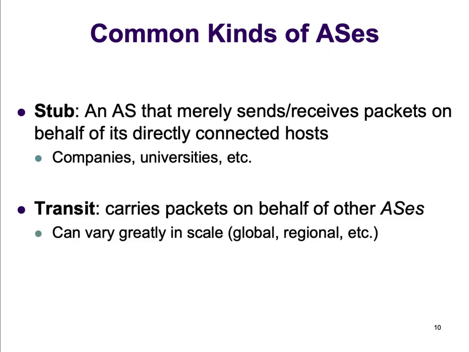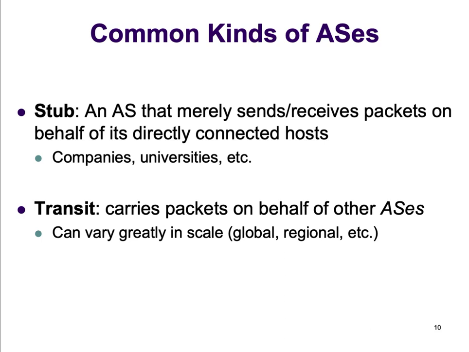Okay? The other kind are what we call transit ASs. These are ASs that will carry traffic on behalf of other ASs. So these are the ASs you'd expect, AT&T, Verizon, and so on. They're in the business of internet connectivity. That's their reason for existence. In practice, there's quite a bit of variance in the nature of transit ASs.